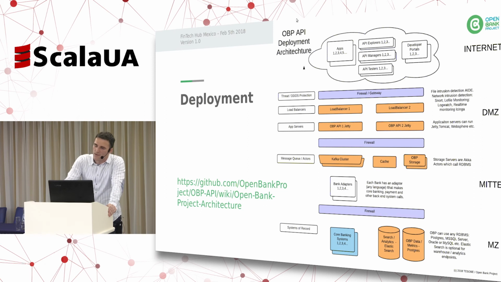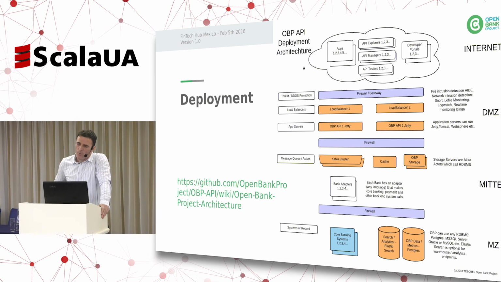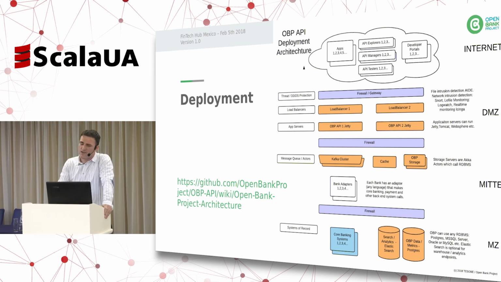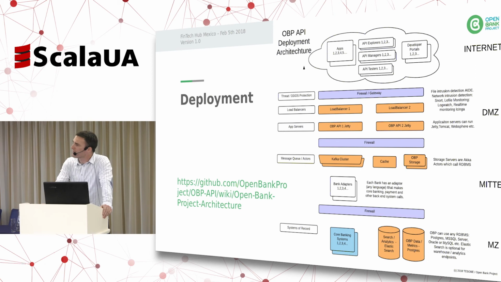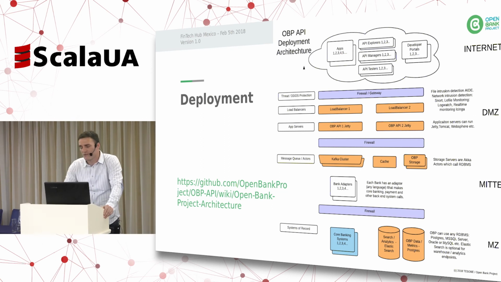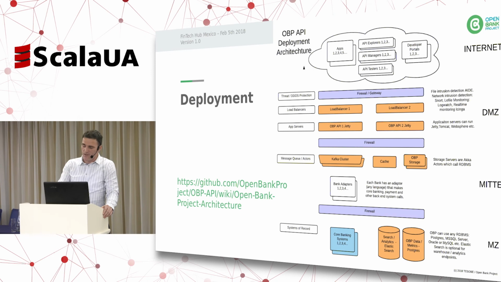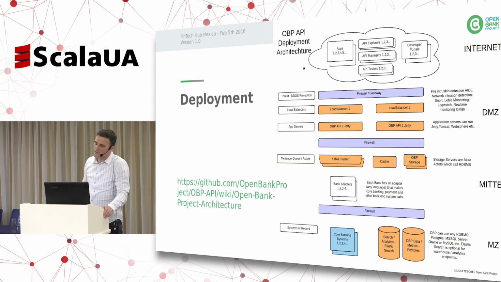As you can see, the Open Bank project is behind some firewall. After that, we have a second firewall because we use Kafka connectors to communicate with the bank. This is the second layer of firewall, and of course the third layer is the core banking system and some tables which are stored in a secured banking area.